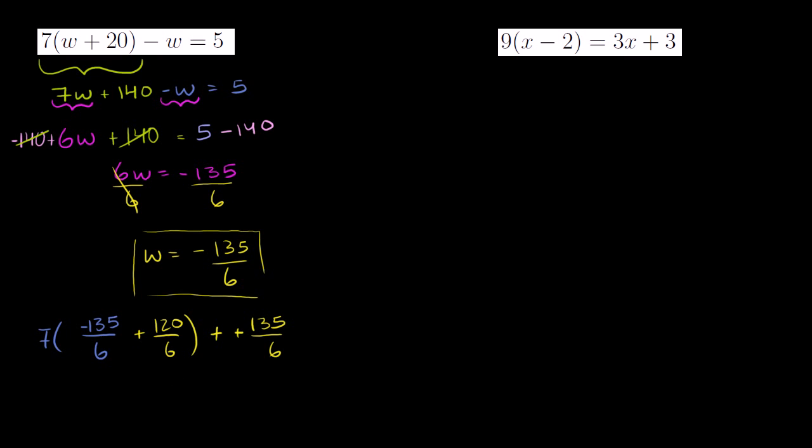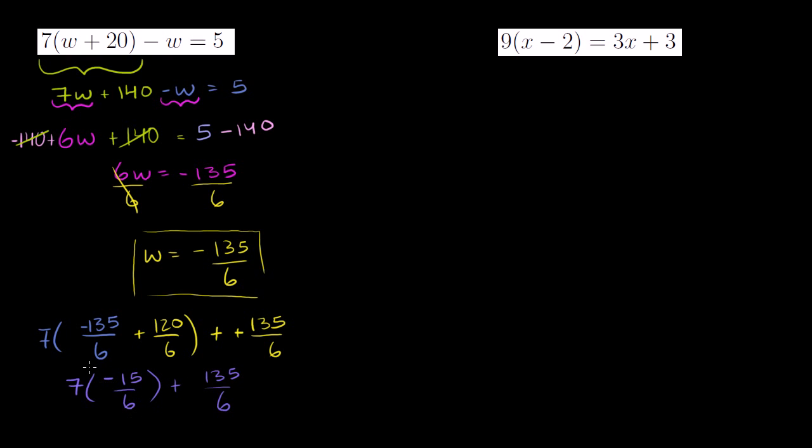So let's see what happens. This becomes 7 times negative 135 plus 120, which is negative 15, over 6, plus 135 over 6. Let's see what we get here.